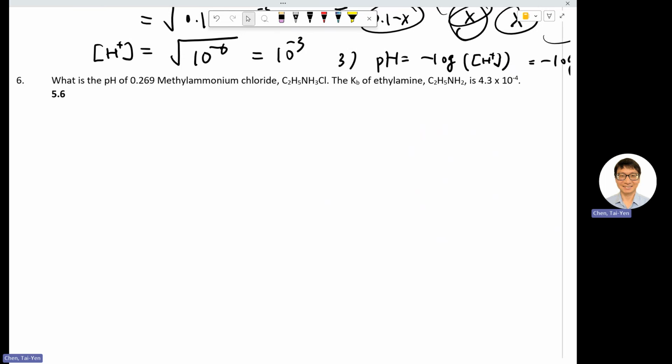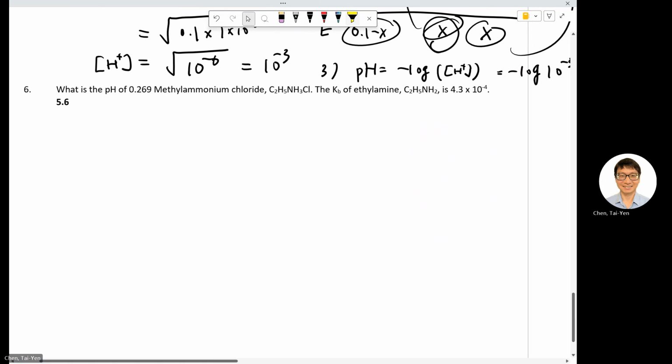First thing, what kind of solution do you have? This is the one you want to pay close attention to, the nomenclature, and the Kb. What is the Kb describing? It's ethylamine. Okay, what you have is what? Methyl ammonium chloride.